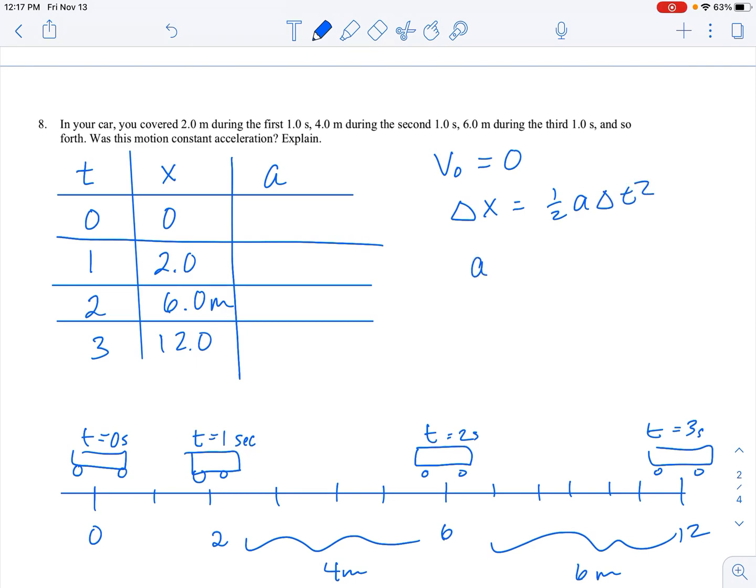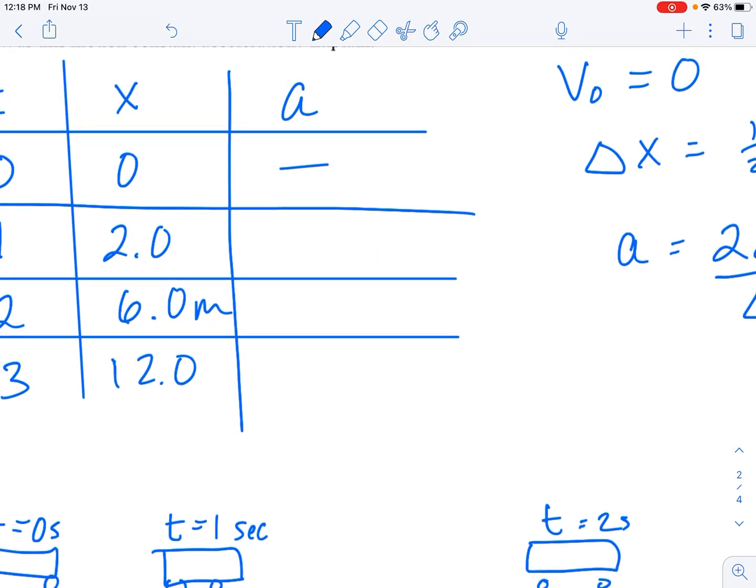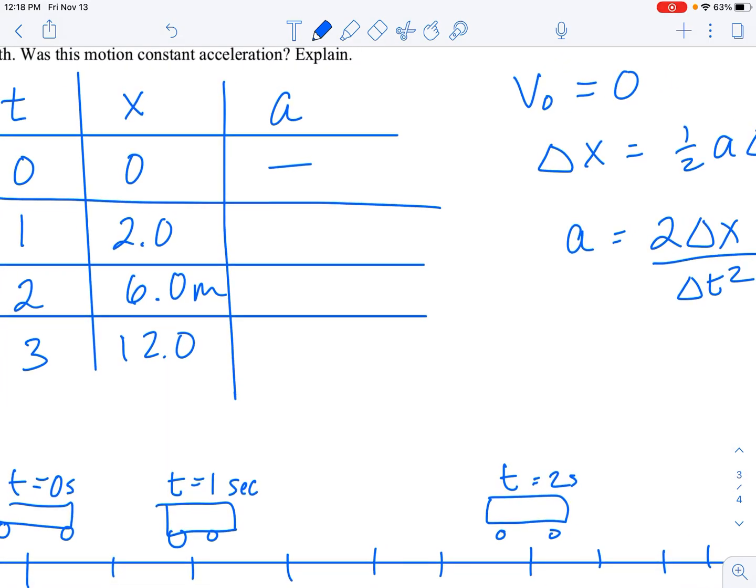And if I solve for acceleration, it would be 2 times delta x over delta t squared. The acceleration here is not relevant because the object hasn't started moving yet, but after 1 second, acceleration would be 2 delta x over delta t squared, or 2 times 2 over 1 squared, or 4.